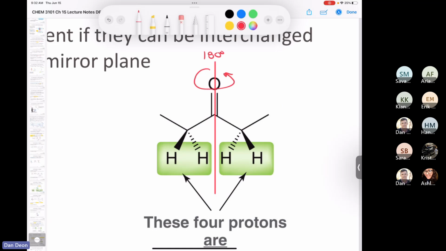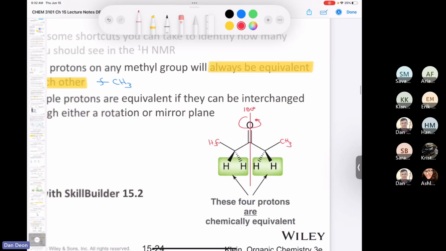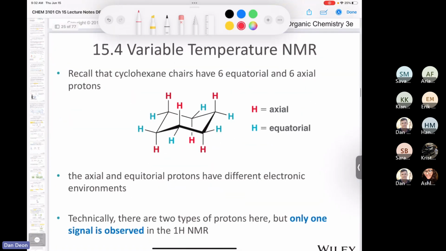So all 4 of these methylene protons are chemically equivalent, and they're going to give you 1 signal. And if you're wondering whether the 2 methyl groups are chemically equivalent too, because there's rotational symmetry and reflectional symmetry, the answer is absolutely. You have to practice looking at compounds and asking whether these protons are going to be chemically equivalent or not.